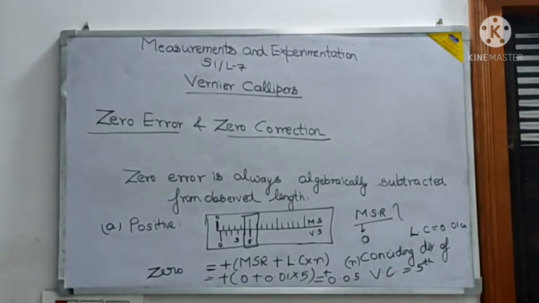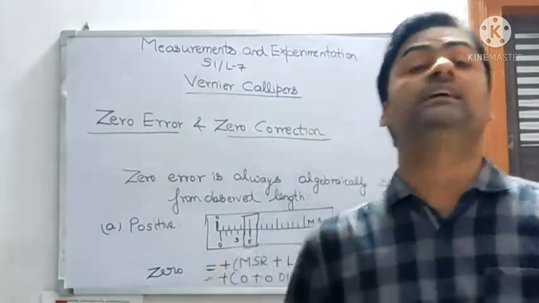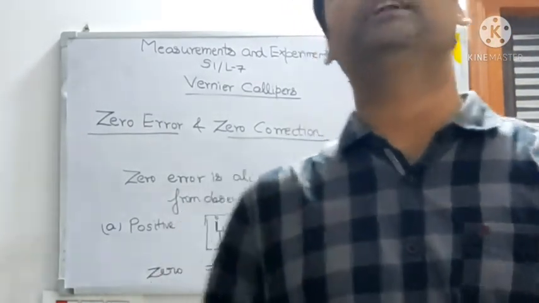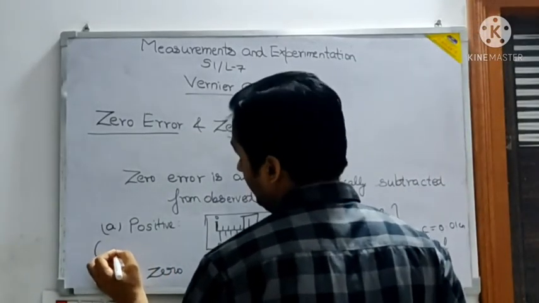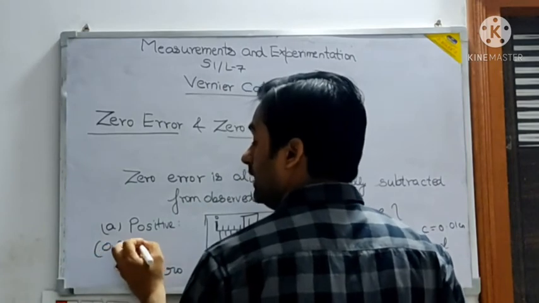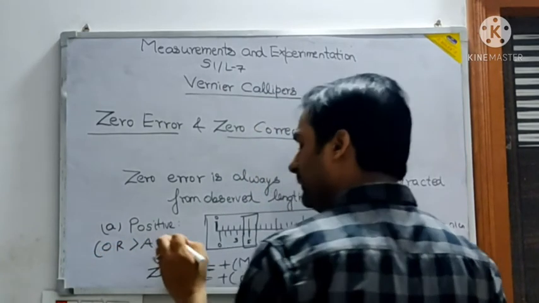So what will we do then? Since positive zero error is there, it means it is measuring more than the actual. So if I call it the observed reading, OR, it is more than the actual reading or diameter.